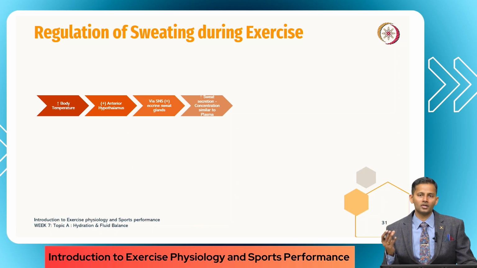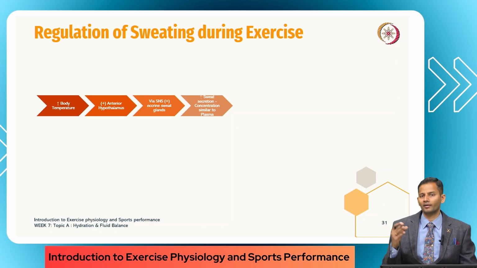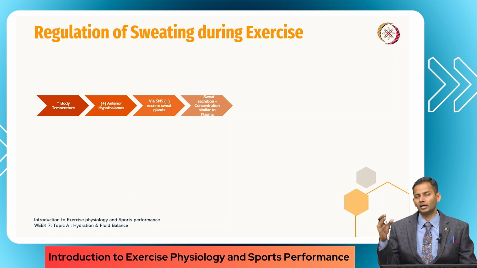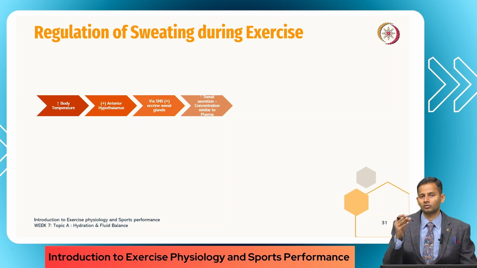So we also discussed, in the cardiovascular system and exercise module, the redistribution of blood that happens during exercise, right? The blood, about 50-55%, which is normally distributed to the splanchnic circulation, is redirected to two important organs.